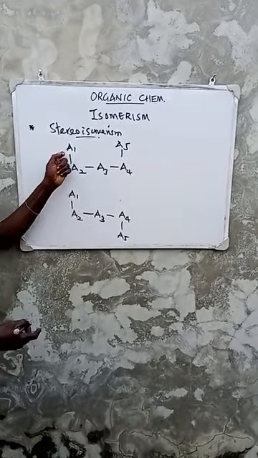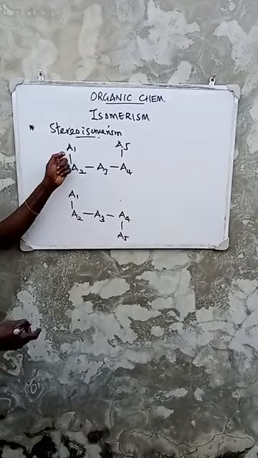Bromine is a substituent here and it occurs at the first carbon, while it is located at the second carbon here. So in this case, we said that the two structures exhibit position isomerism. We are not interested in their names.